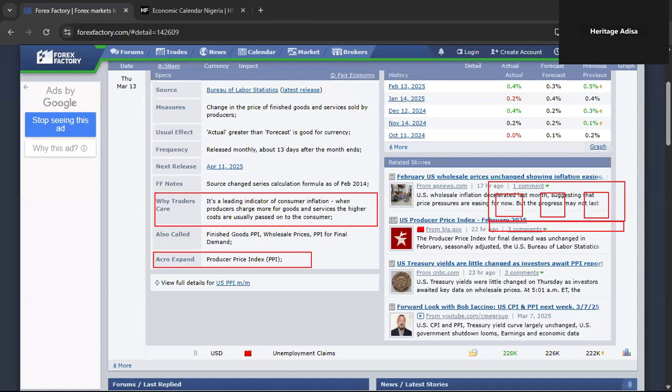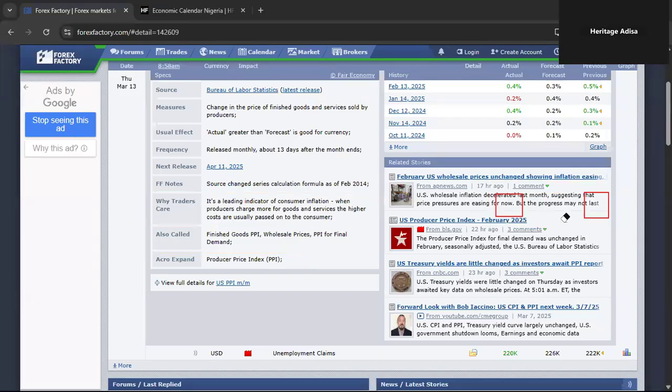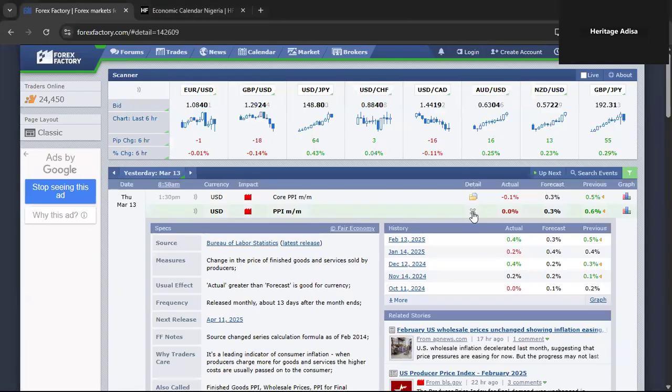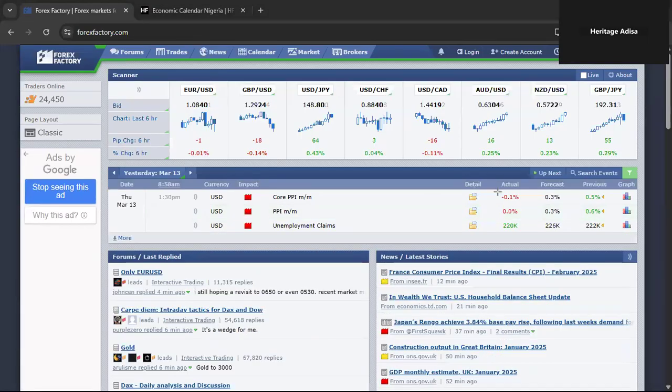If you look at what happened with this particular data as well, we had producer price index go from 0.5% previously to minus 0.1%, also 0.6% previously to 0.0%, which means clearly consumer prices are lower in the US.